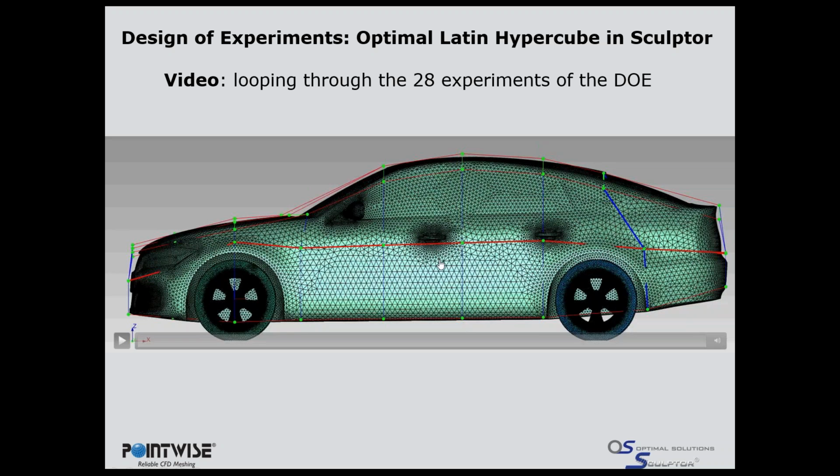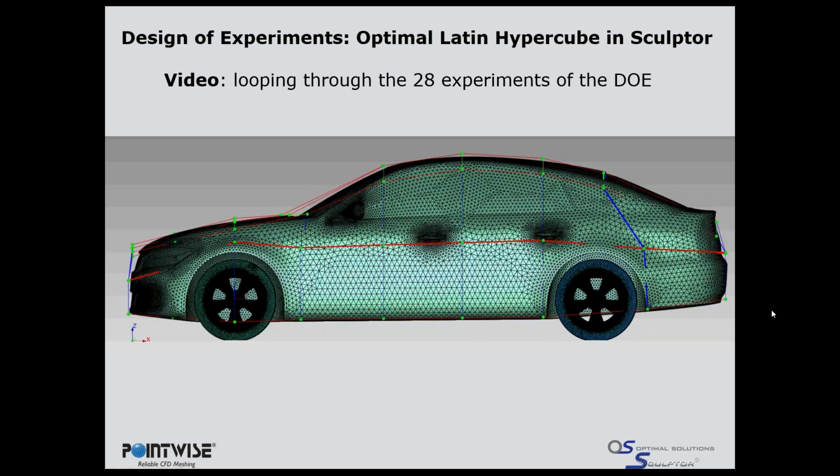This next video that you'll see is a real-time capture of these 4 different variables being animated through 28 different design shapes. So we created a design of experiments with 28 distinct experiments or designs. And as you see, it changes all of these into these 28 different designs.